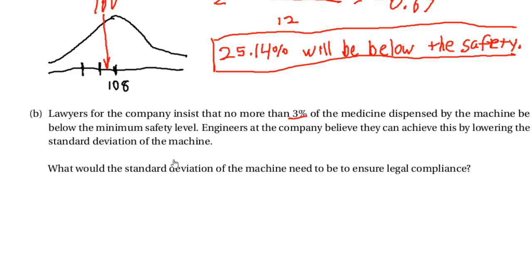So to kind of draw what I'm thinking in my head, we know that this data score right here of 100 can't move, but we know that the amount that we color in right here can be 3% of the data. So I need to figure out what is the z-score that would match this.